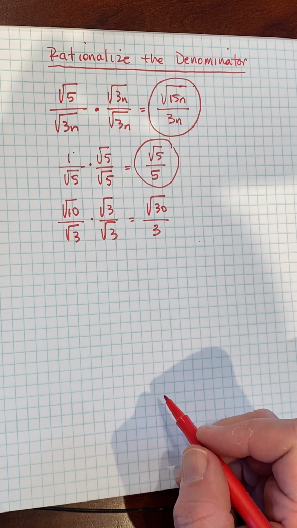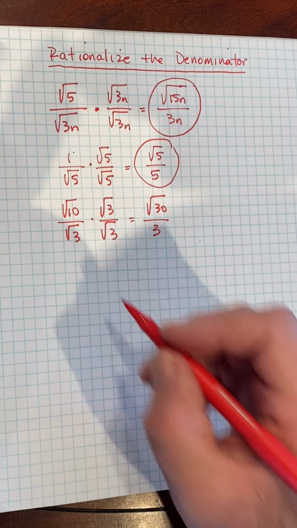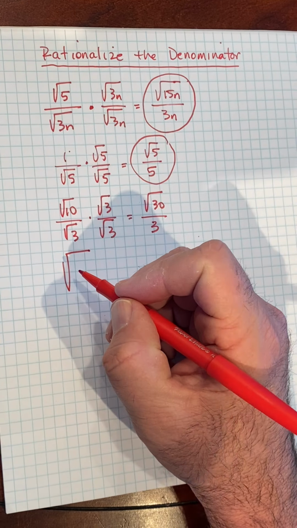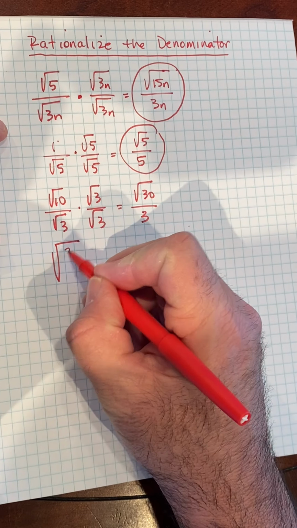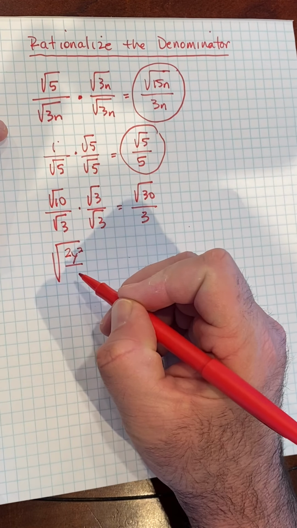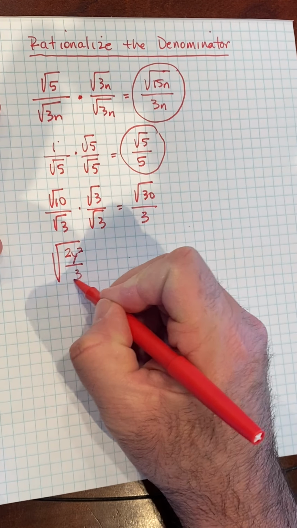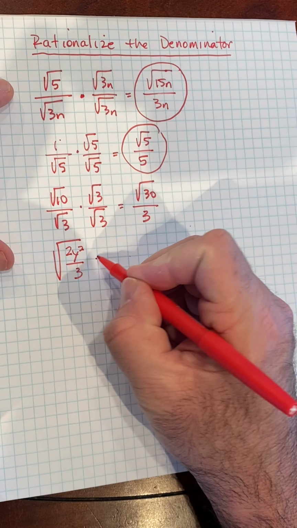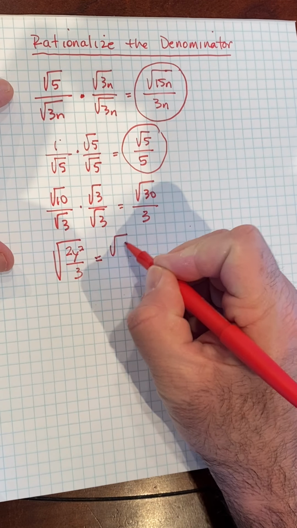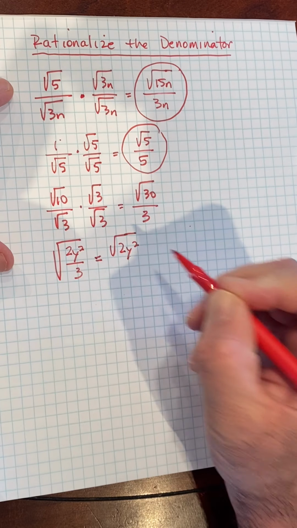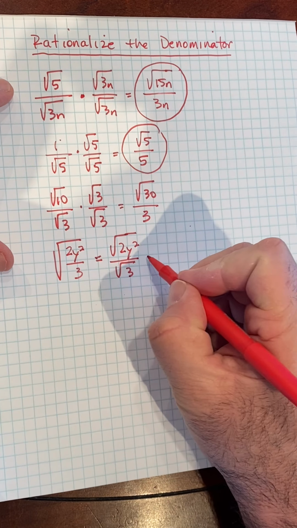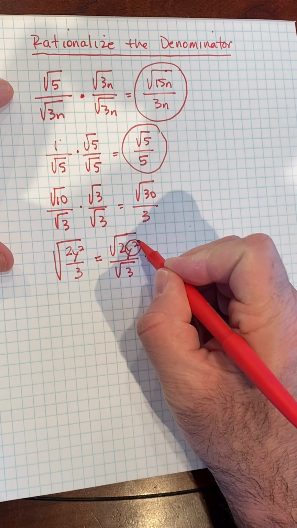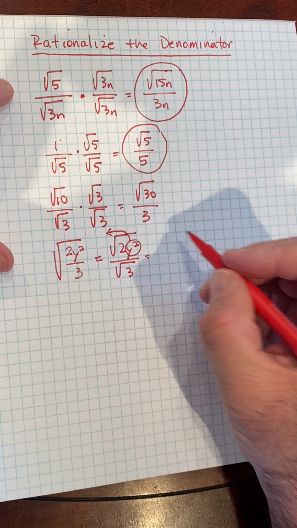Okay? Let me show you one more. Let's say it's written this way: the square root of 2y to the second over 3. So what I'm going to do here is separate it into the square root of 2y squared over root 3. Now I'll simplify because this is a perfect square and must come out.